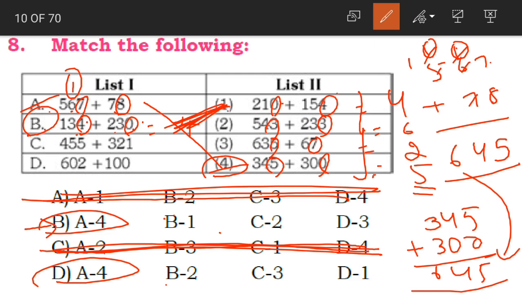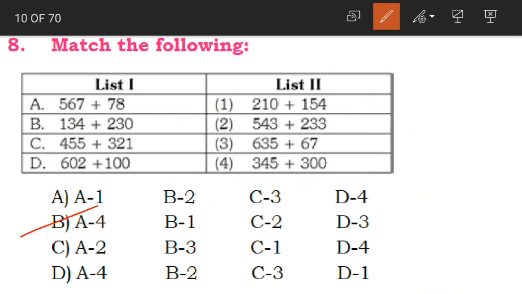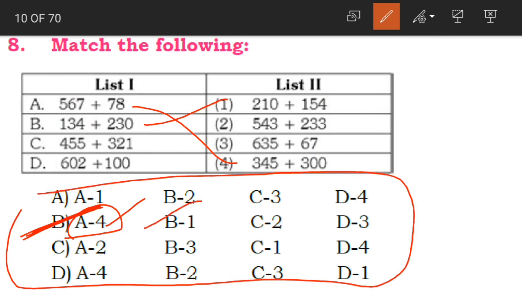Now from the given options, option B has B1. Yes, children? So this is our correct answer. A is given as 4, that is correct. B is given as 1, that is also correct. Now from all the given options, only option B has these two correctly matched. So even without solving C and D, we can say that option B is our correct answer.